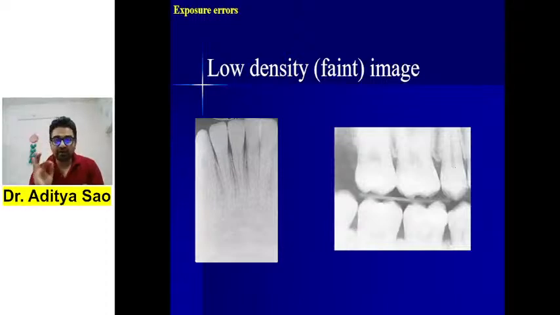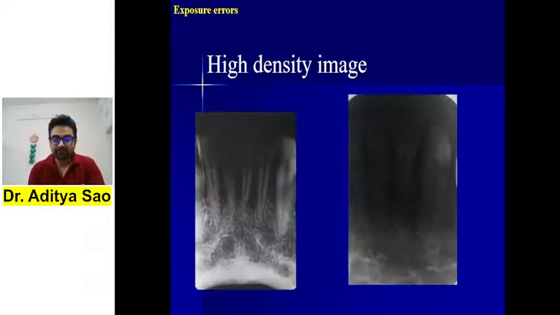In a fogged image, you cannot appreciate the pulp chamber properly, you cannot appreciate the root canal anatomy properly. It will be totally hazy and faint, okay, with a bit of blurring. That is a fogged image. Okay, so now you can differentiate between a fogged and a low density image.